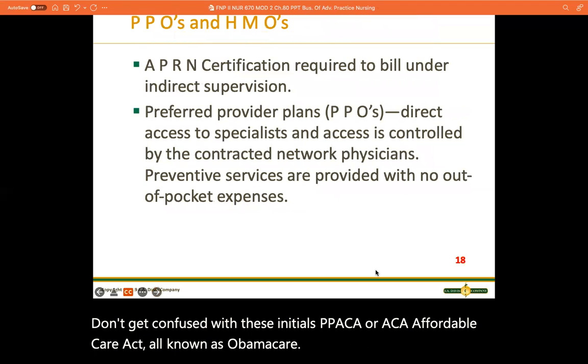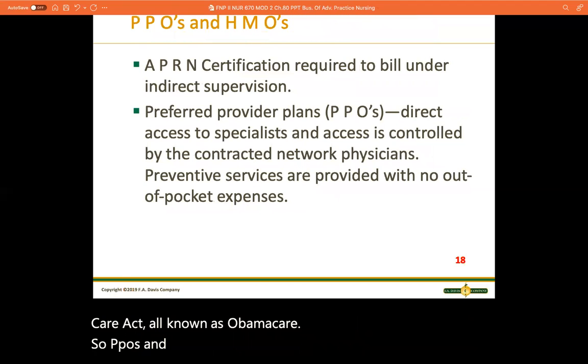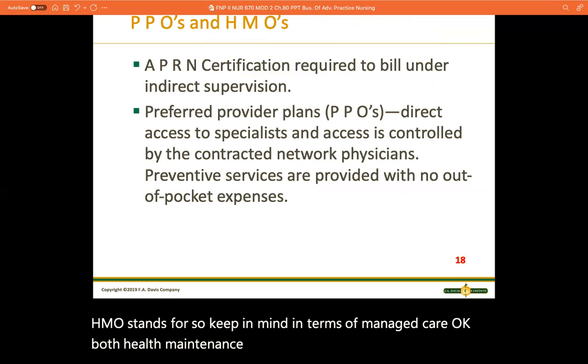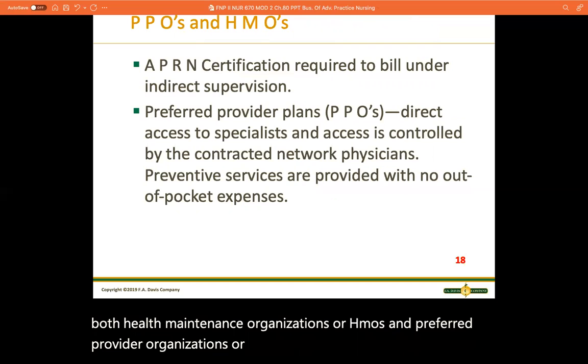So PPOs and HMOs. So what are HMOs? Keep in mind in terms of managed care, both health maintenance organizations or HMOs and preferred provider organizations or PPOs are classified as managed healthcare plans.